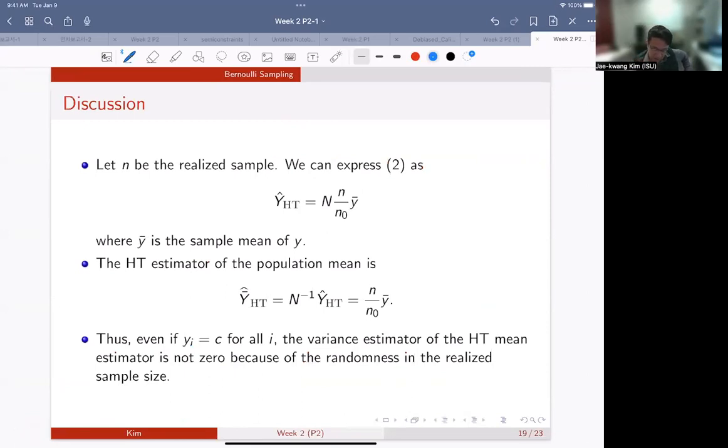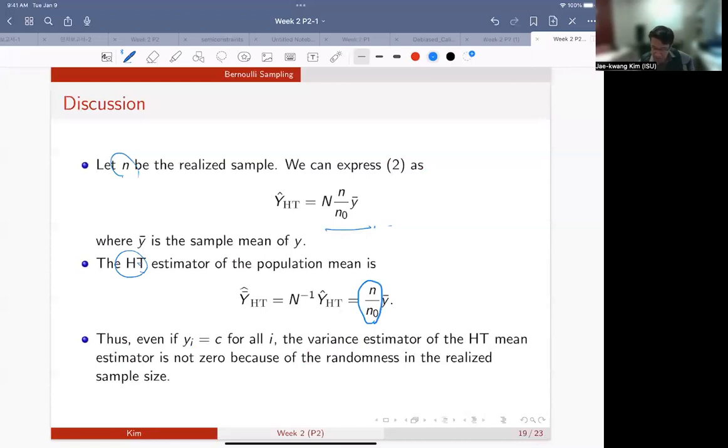So n is the realized sample, but the Horvitz-Thompson estimator is actually doing some adjustment to reflect the discrepancy between the expected sample size and the realized sample size. That creates a problem.